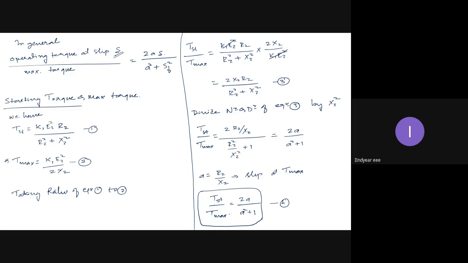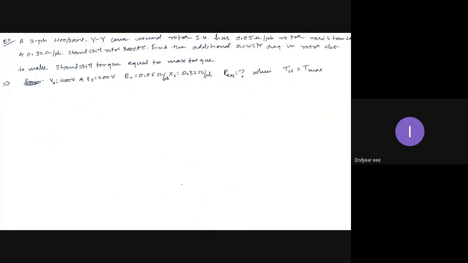We have TST by Tmax equal to 2a by a square plus 1.